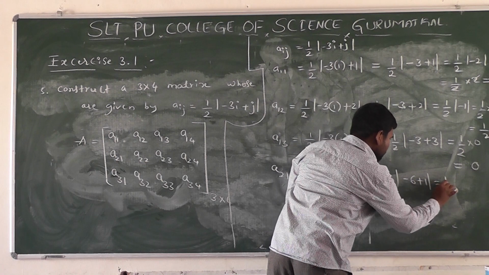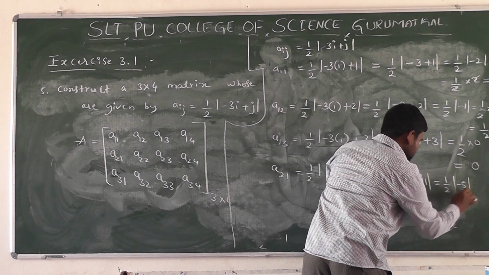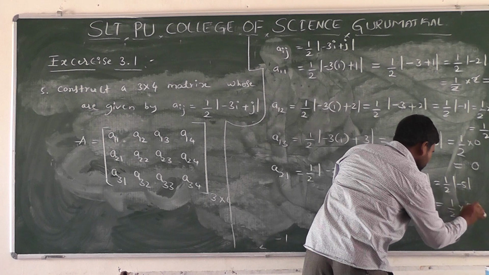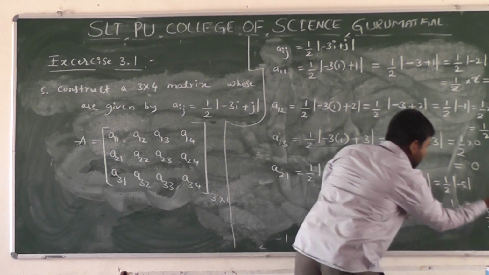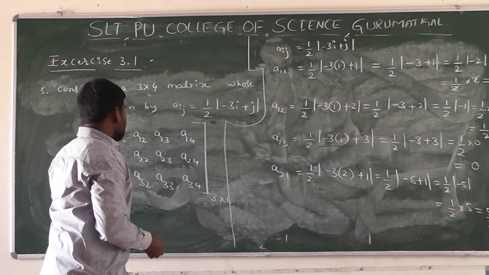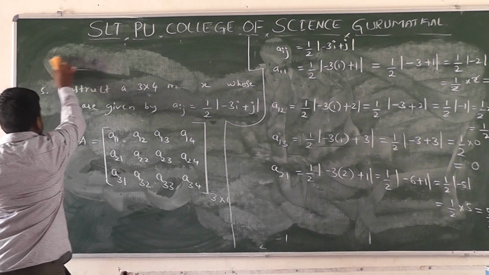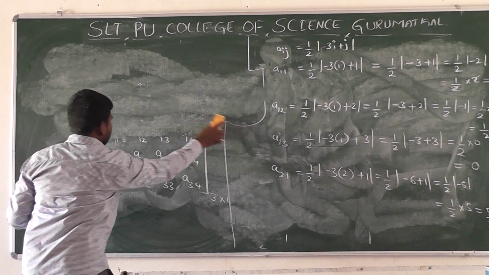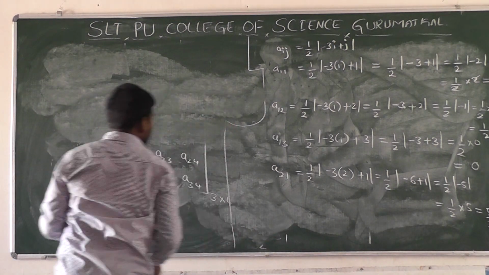Right? Minus 6 plus 1 is minus 5. Modulus of minus 5 is nothing but 5. 1 by 2 into 5, 1 into 5 is 5. 5 divided by 2. Next one, A21 is 5 by 2.